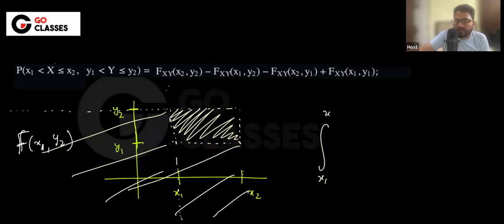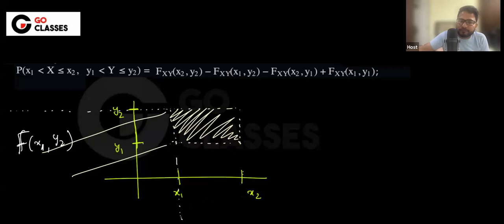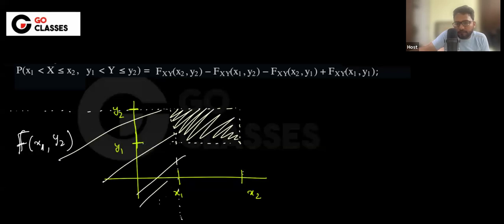I hope you're getting it. It's just a little bit of algebra. So this is the whole region, and this is also the whole region. These are the two regions.